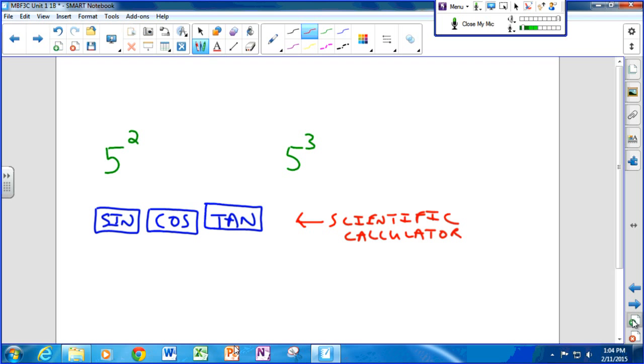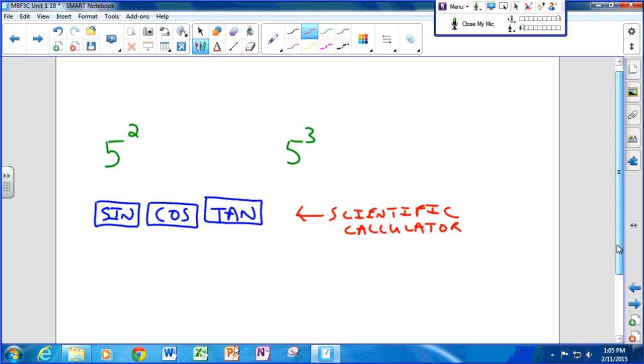Well, if you bring it up and then turn your calculator sideways, it turns into a scientific calculator. So if you don't happen to have a scientific calculator, that's something you can always use: your smartphone. And if you need a scientific calculator and you're part of this course, just let me know, and I can send you one up on the Express, and you'll have it within a matter of days, I guess.